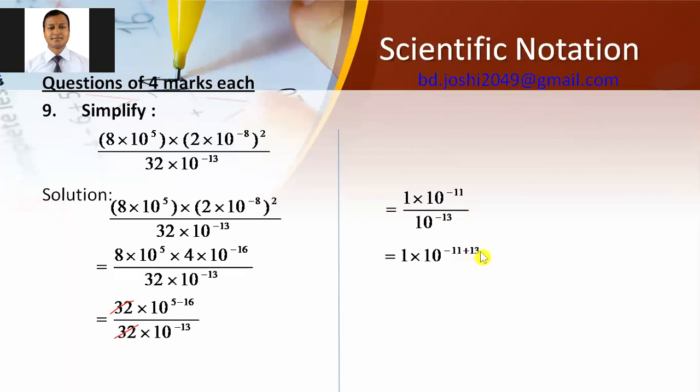Minus 11 plus 13. So it is equal to 1 into 10 square. If it is said to write in scientific notation, this is our answer. This is my answer in scientific notation. But if it is not said, just only simplify, then 10 square we can write here 100.